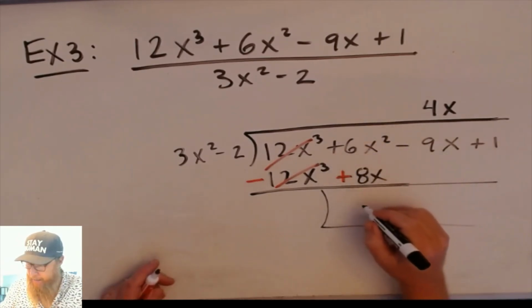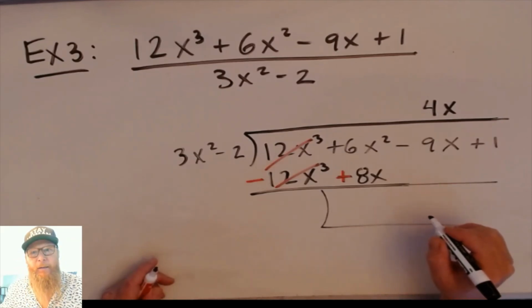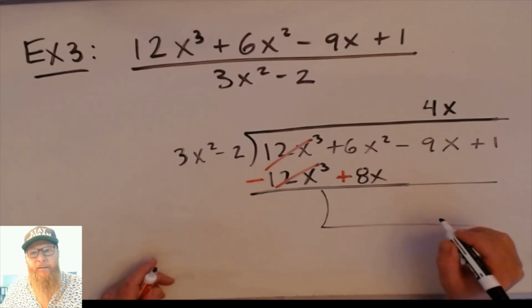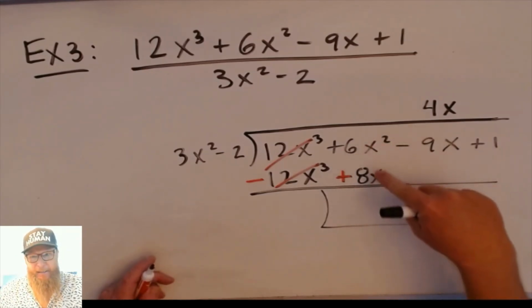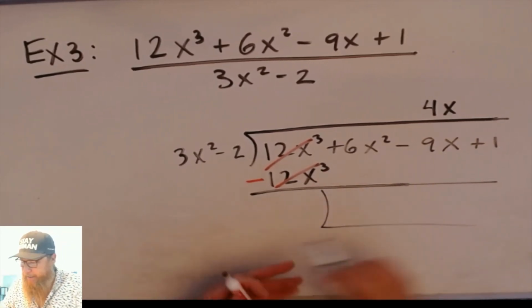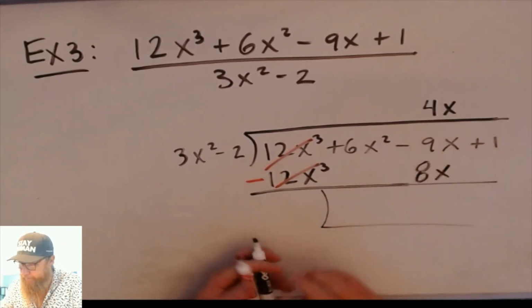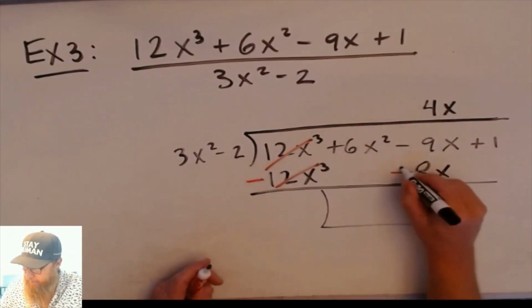So now we have, you see the mistake? Look at the mistake. 6x squared, 8x. This 8x actually belongs over here. It was negative 8x, so it's positive 8x.